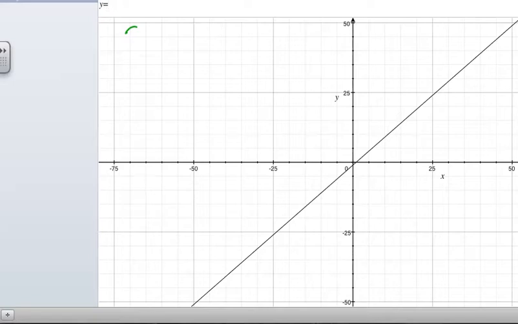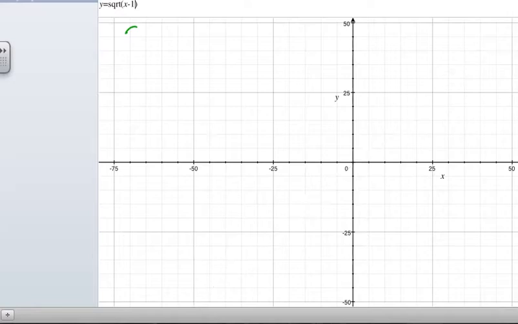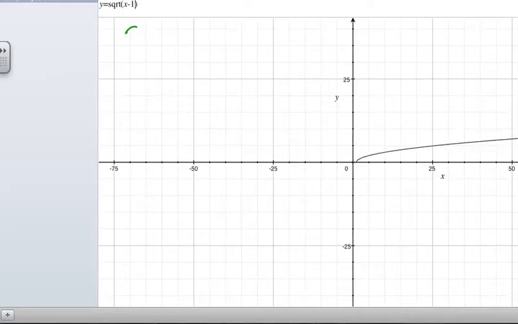And with this one, I want to deal with the square root of x minus 1. All right, so here we go. And we're looking over here. I'm going to zoom in on this thing.